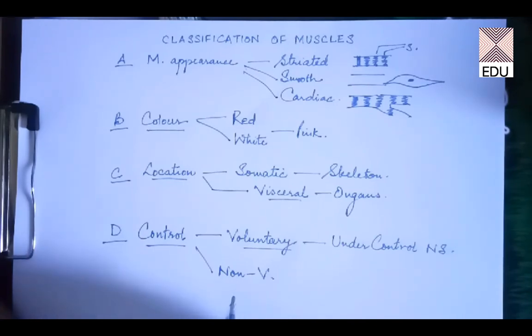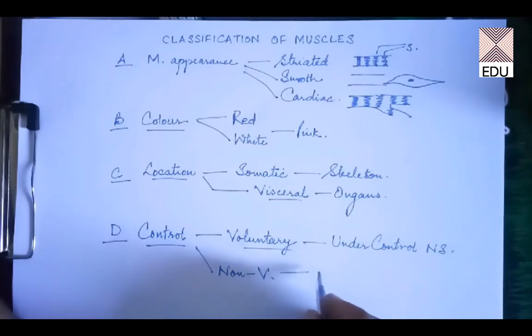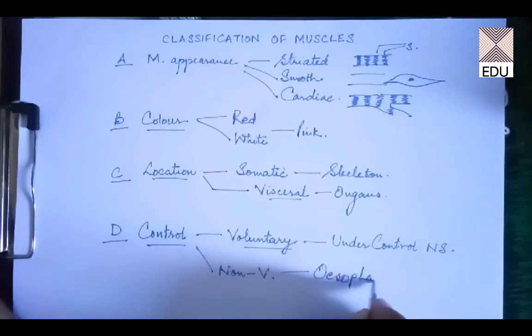And some of the muscles which are not under your control are called involuntary muscles or non-voluntary muscles. These can be like the muscles in your esophagus.